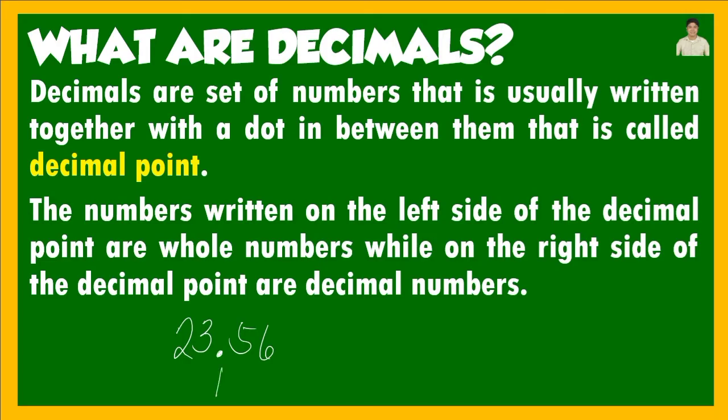And then yung nasa left side ng ating decimal point ay yung whole number, which is 23. And then yung nasa right side naman ng decimal point is yung decimal numbers, that is 56. Kapag less than 1 na tayo, nagkakaroon po tayo ng decimal number. Like for example, 0.99, or 99 hundredths. I hope clear sa atin yung decimals.